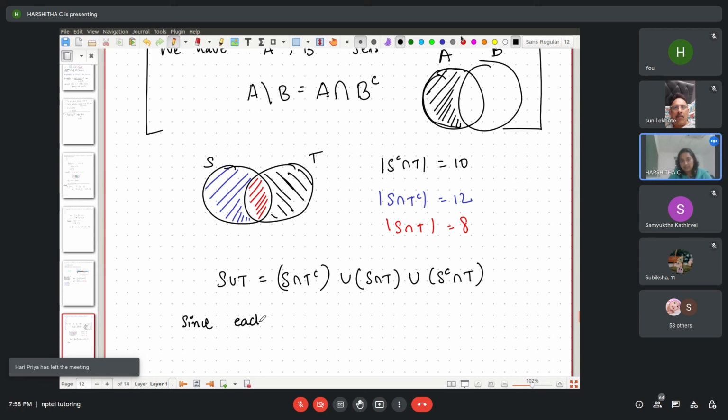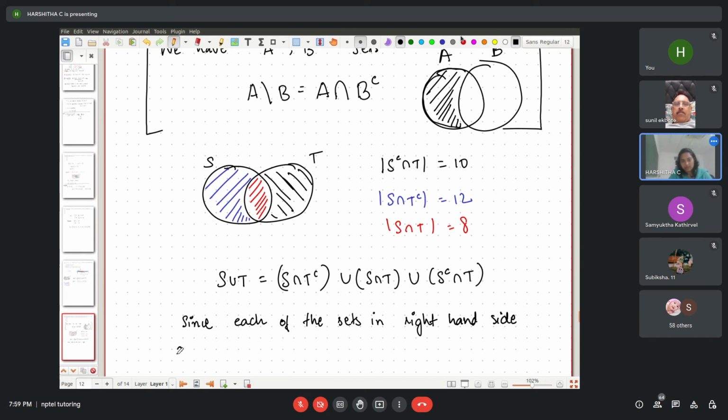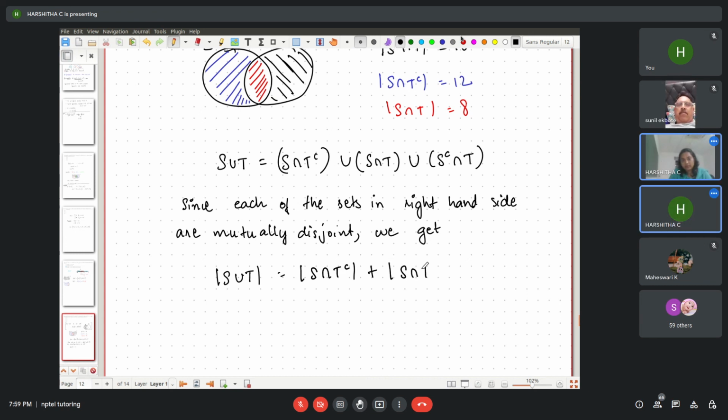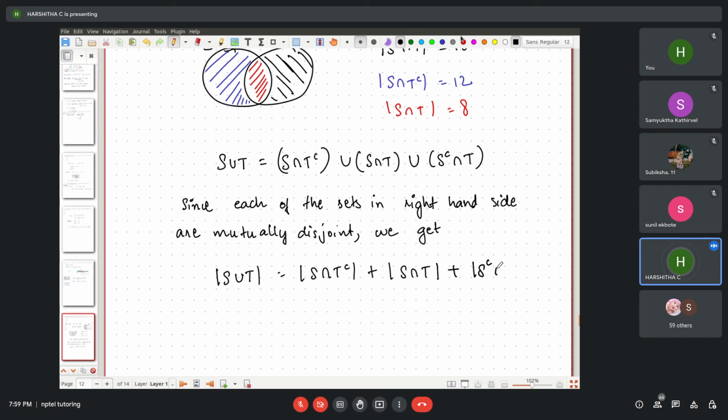Since each of the right hand side terms are mutually disjoint, the cardinality is just the sum.